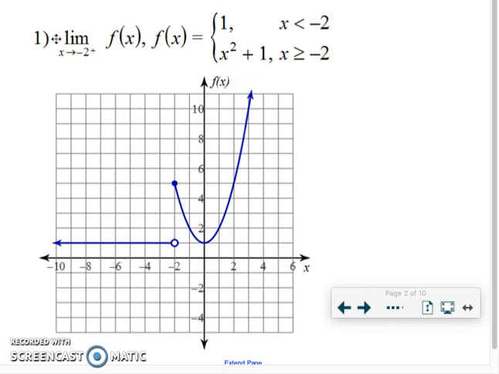The reason why that's so important is that now I know specifically which side to approach from. And what I mean by that is that if that were not there, if we were trying to find the limit as x approaches -2, that limit does not exist.